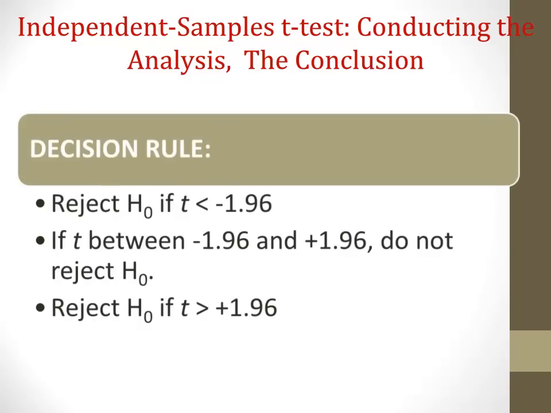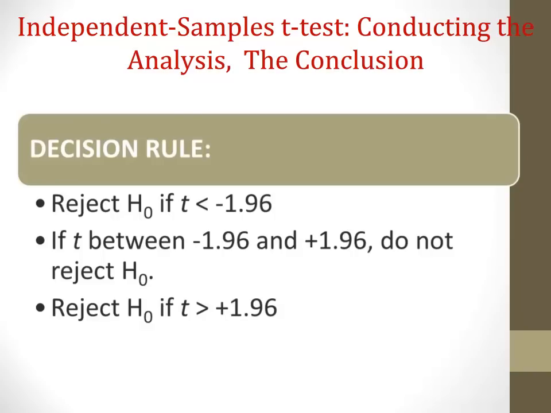So let's say that we calculated a t-value for our example, and we looked up the critical t-value, and our critical t-value was 1.96. We would know that if the t-value that we calculated for our experiment was less than negative 1.96 or more than 1.96, we would reject the null hypothesis.